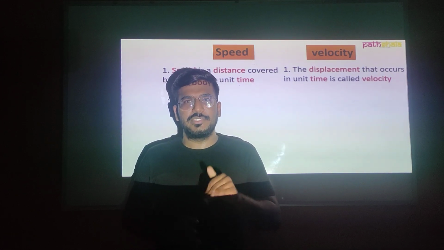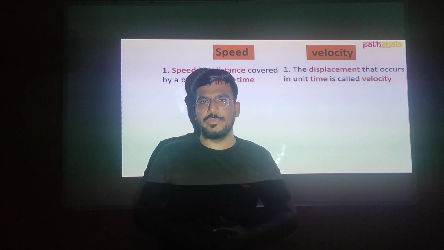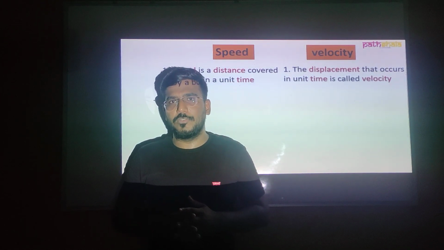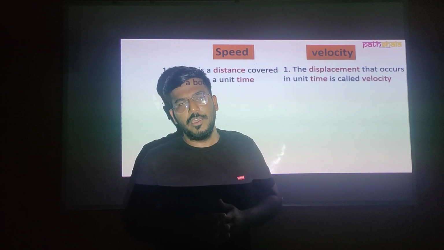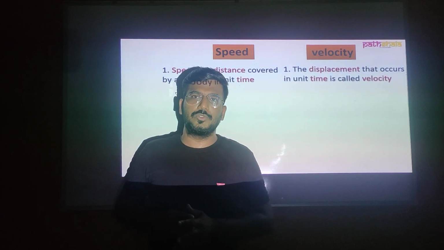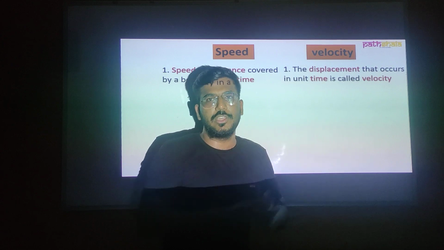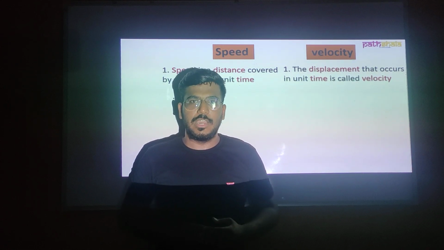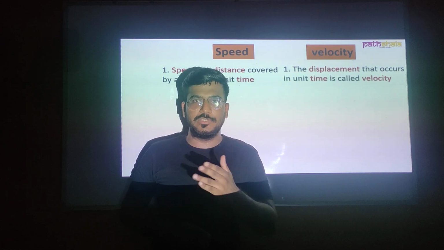What do you think? Is it a distance or a displacement? Of course, the auto or cab driver will see how much effort he has put in to drive the car from one place to another by traveling the entire actual path. So he will count the actual entire path, which is called the distance.